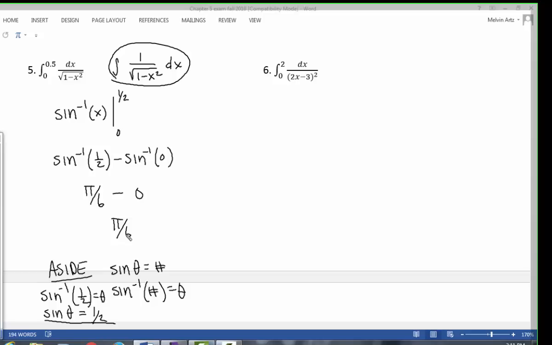Number 6, it looks like a u substitution problem. So if we let u equal 2x minus 3, du would equal 2 dx.